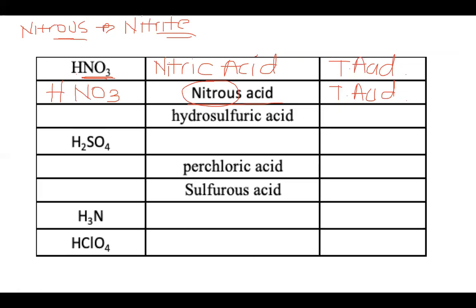Let's look at the next one. It says hydrosulfuric acid. I know that in my formula I will have an H. But since it says hydro in the name as a prefix, I know that it will not be a tertiary acid, because in all the tertiary acids, we do not have the prefix hydro, okay? We only have the prefix hydro when we have binary acids, okay?